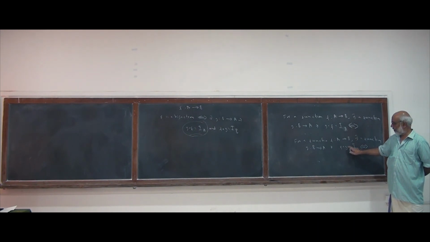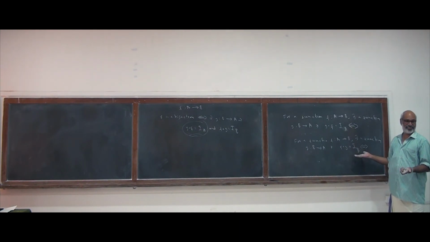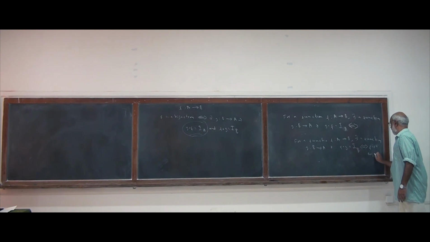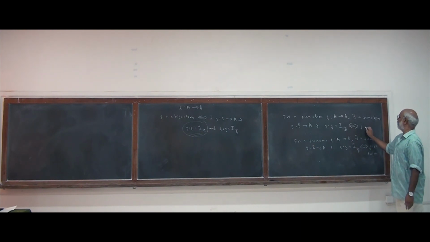That is f composition g on y means f of g of y. So f of g of y is equal to y. That happens if and only if the function is onto. So this happens if and only if f is a surjection.